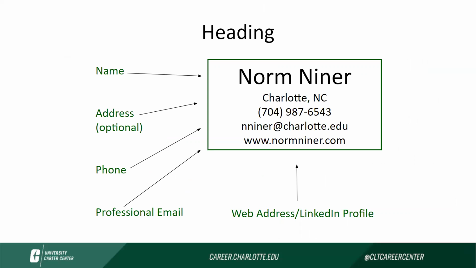That is something that we used to include a long time ago, but now we've moved away from that. If you want to include something that directs the employer to your geographic location, then you could certainly list the state and the city where you live. Keep in mind that if you are using your Charlotte email address, you're going to want to update that to the charlotte.edu format.